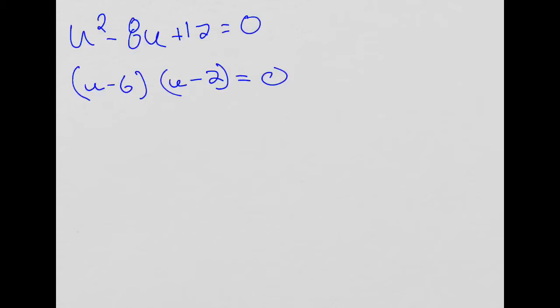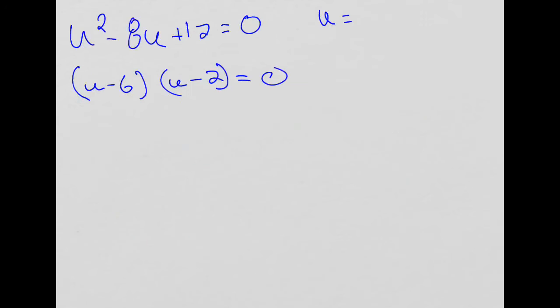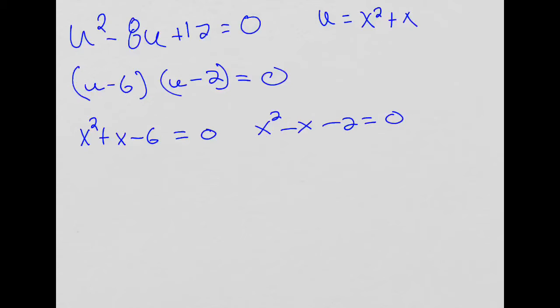Now I'm going to go ahead and substitute what u is. u is x squared plus x. So I have x squared plus x minus 6 equals 0, and then I have x squared plus x minus 2 equals 0.